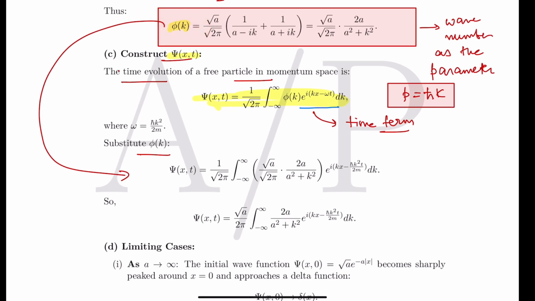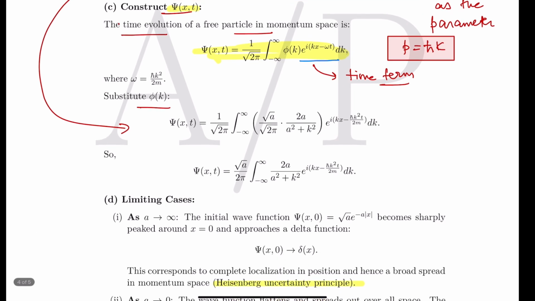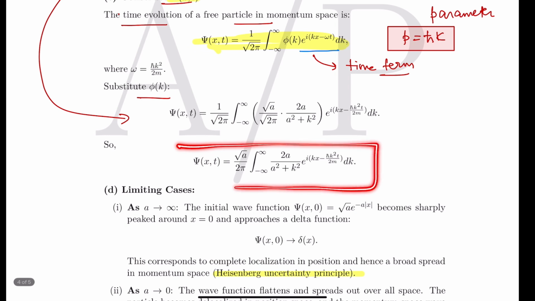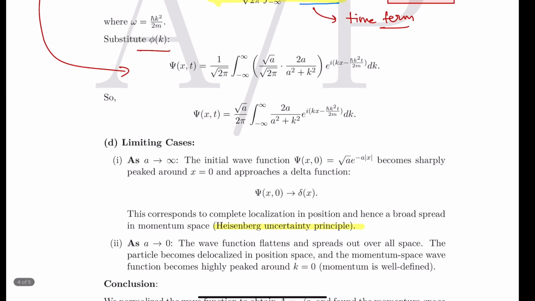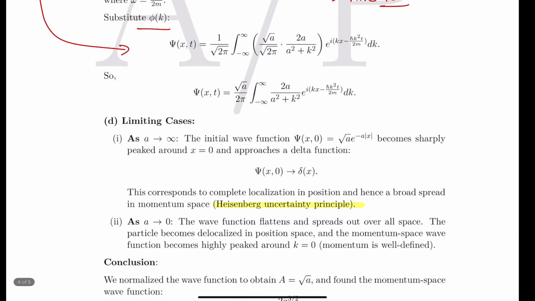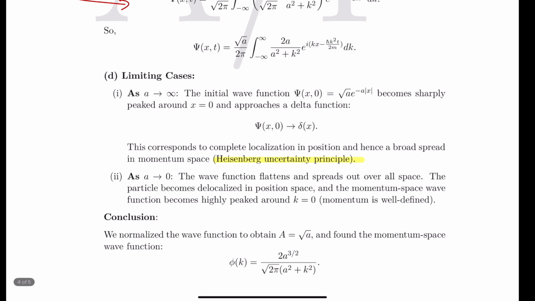Then the term within the parenthesis, which is actually the value of the wave function in the momentum space itself, and then the multiplication by the time term. In that way you get it in this form, which is a function of x and t.